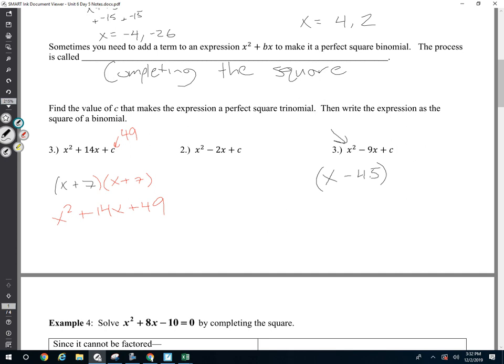I know 9 divided by 2 is 4.5. If I want this to turn into this, what does C have to be? 4.5 squared. 20.25.